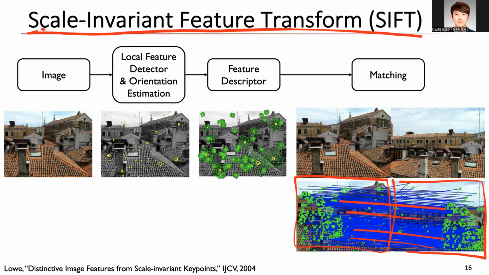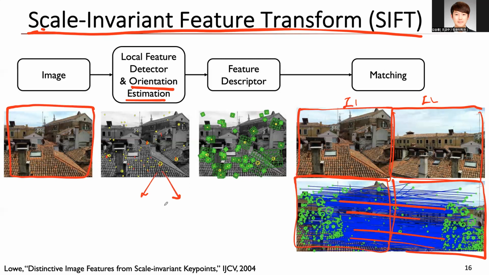Then first, how can they do it? Given image 1 and image 2, for each image, they extract the feature points and the orientation of each point.